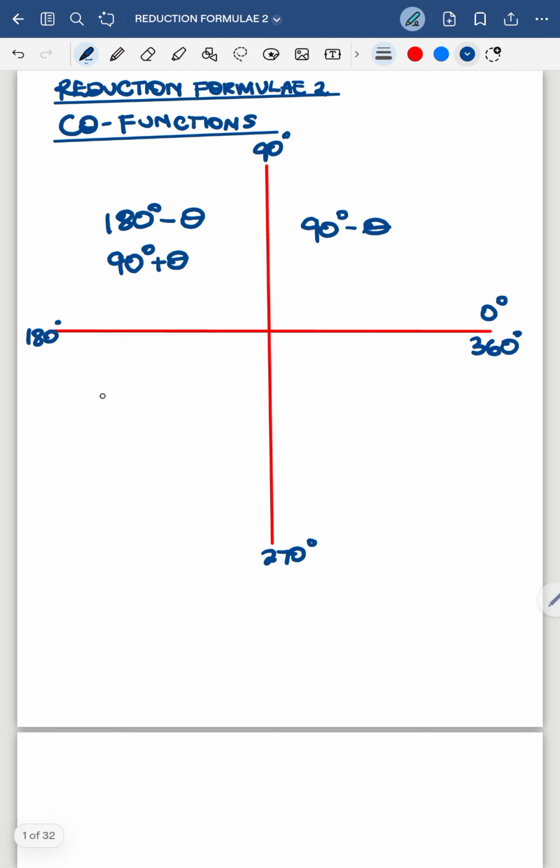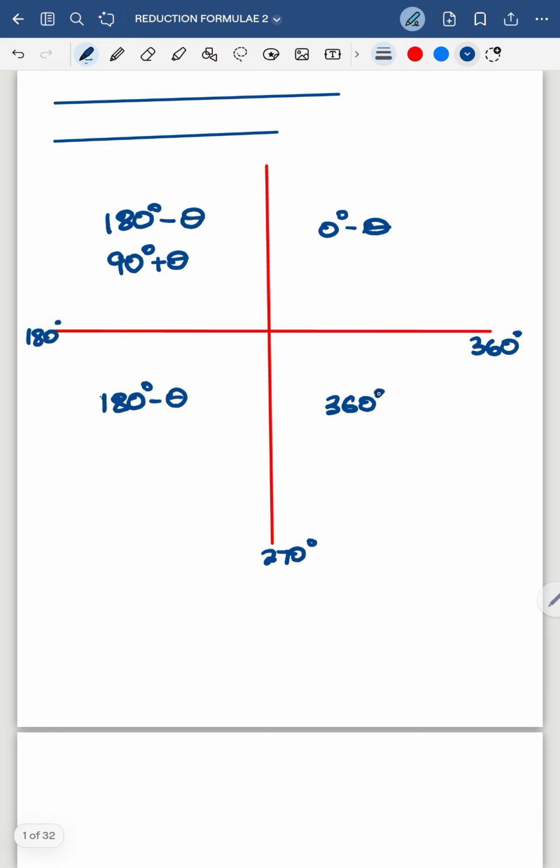Then here it's 180 degrees plus theta. Then here it's 360 degrees minus theta.